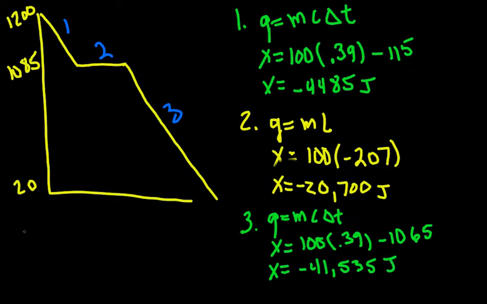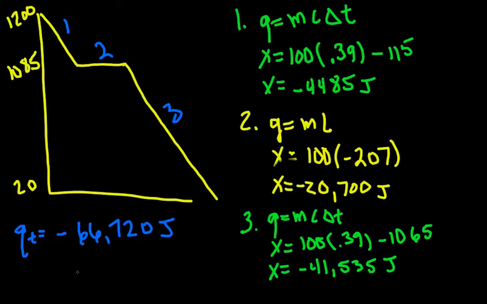And the last thing we do is find that Q total. So Q1 plus Q2 plus Q3. So negative 4,485 plus negative 20,700 plus negative 41,535. So our total energy release is going to be negative 66,720 joules.